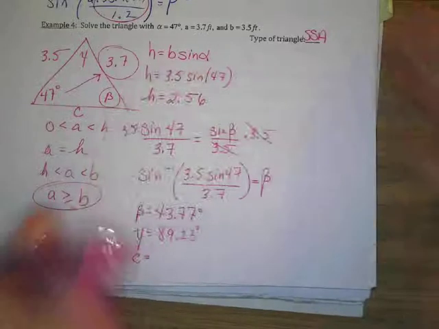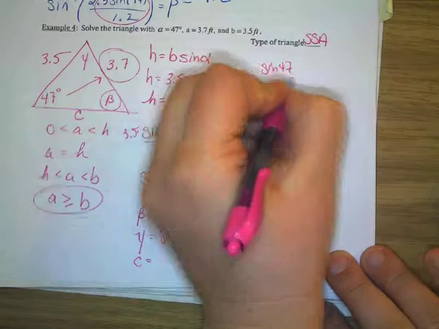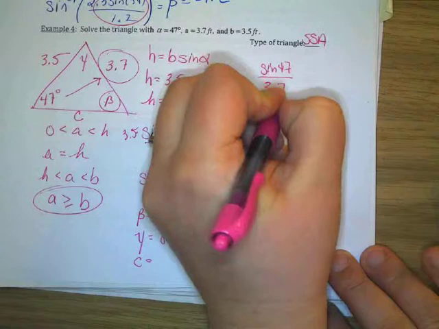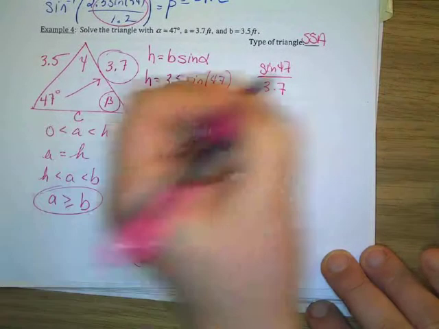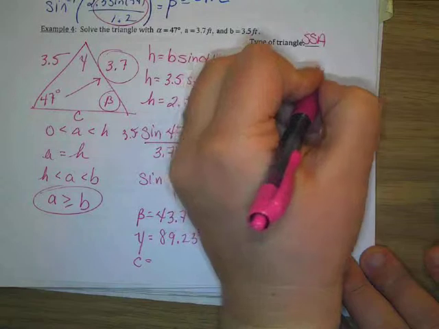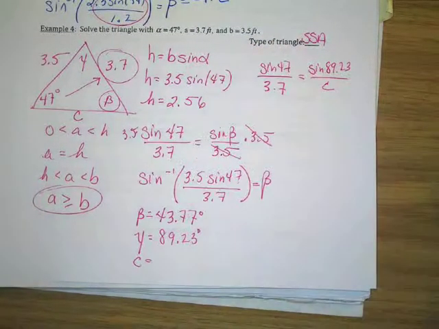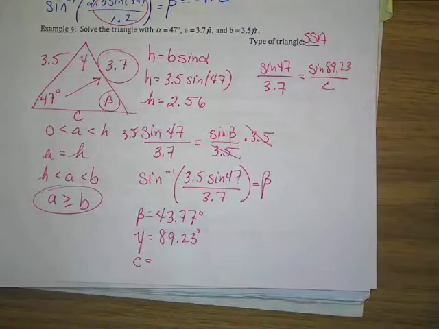So for C, I'm still gonna use the sine of 47 over 3.7 equals the sine of gamma, which we just found, over C. Now we're gonna do Beau's favorite thing. We're gonna cross multiply and divide.